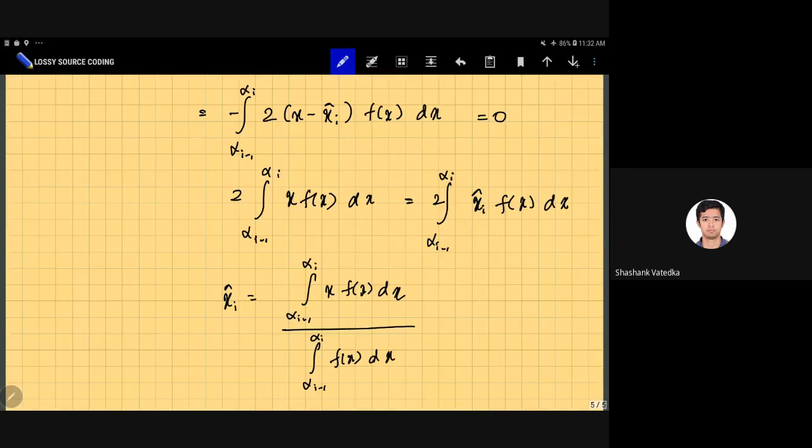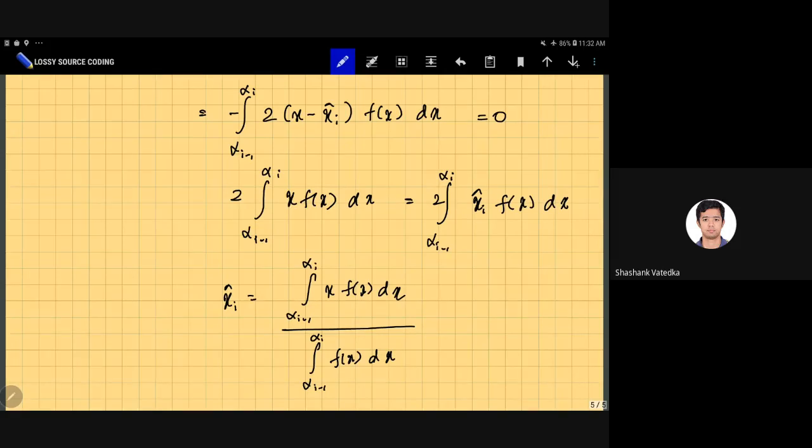So for a given set of alphas, the minimizing xi hats are given by this.